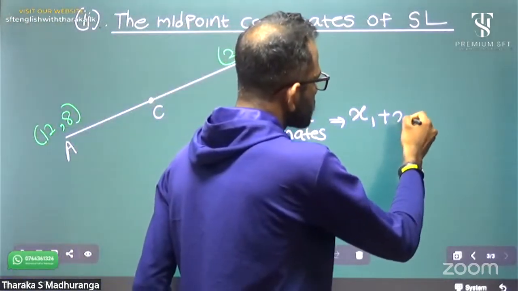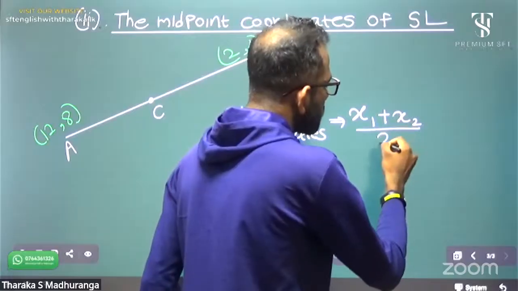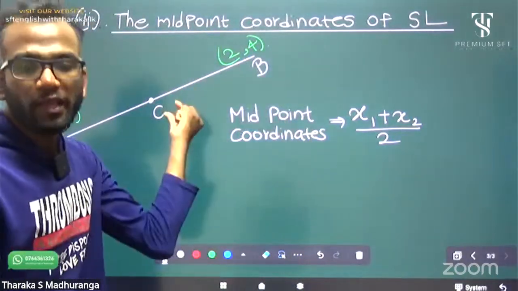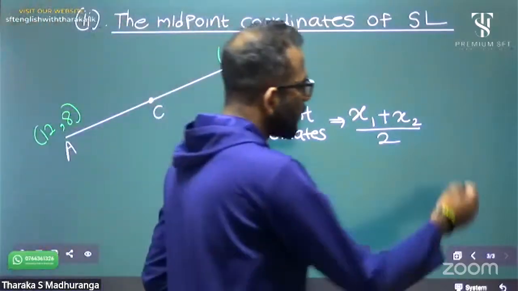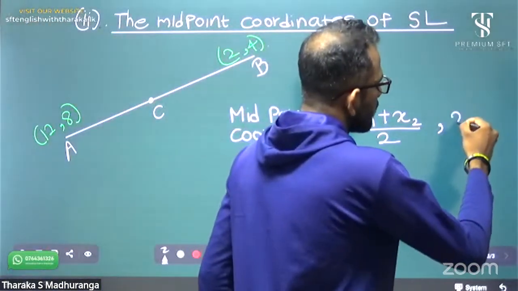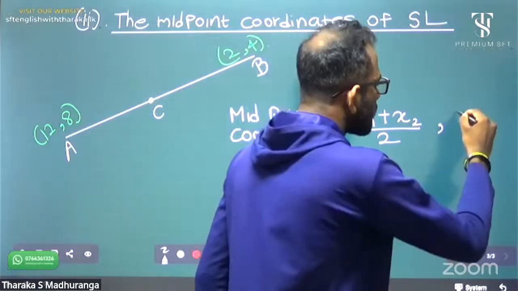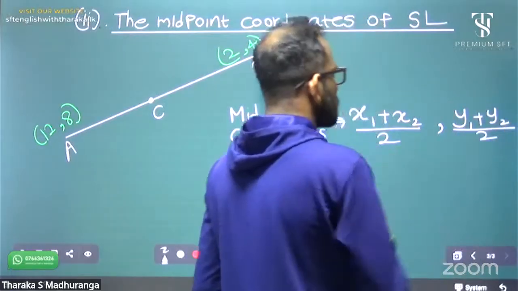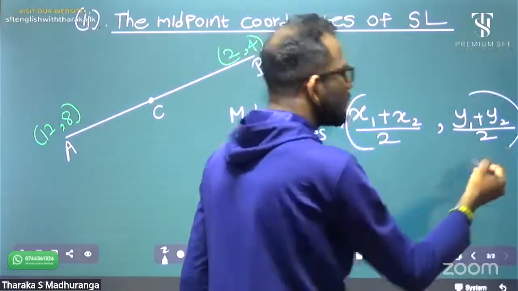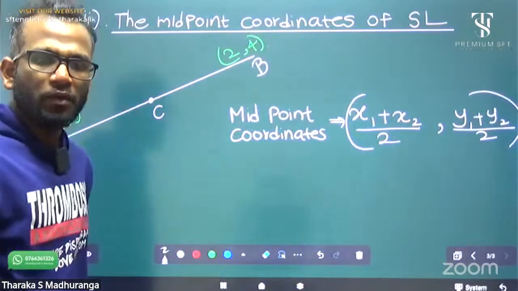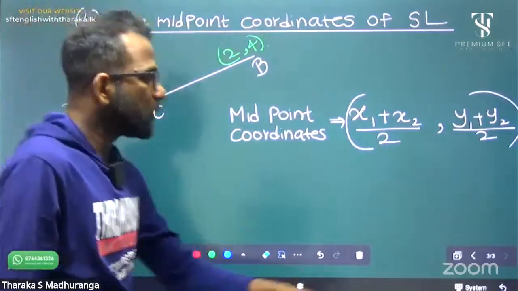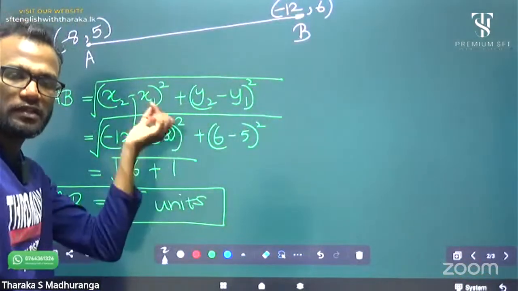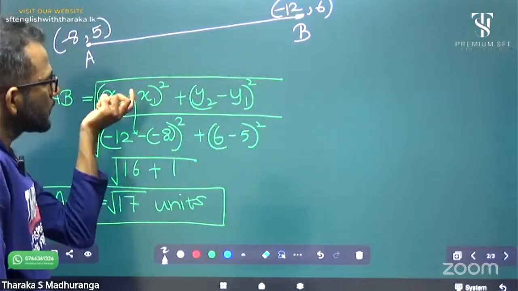(x1 plus x2) divided by 2, this is the center point x coordinate, comma, (y1 plus y2) divided by 2. Okay, this is the equation. Don't try to memorize these equations by heart. What is the length calculation equation?